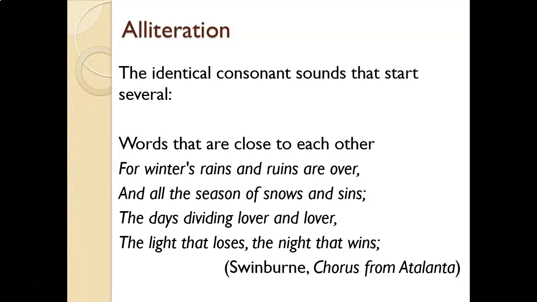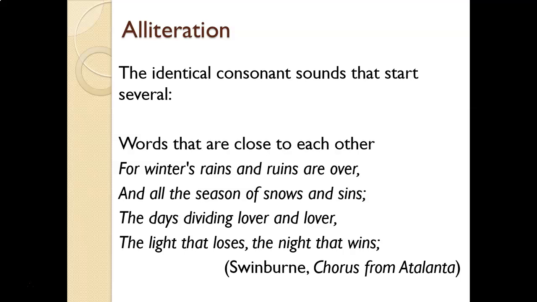Take the example: "For winter's rains and ruins are over, and all the season of snows and sins, the days dividing lover and lover, the light that loses, the night that wins." You would see in the first line there are ra sounds which are closely placed: winter's rain and ruin.